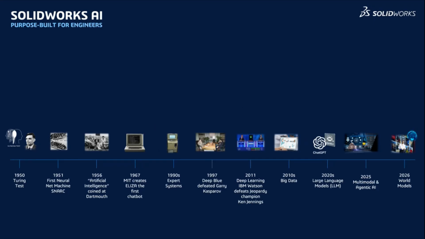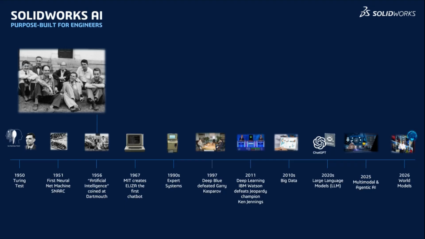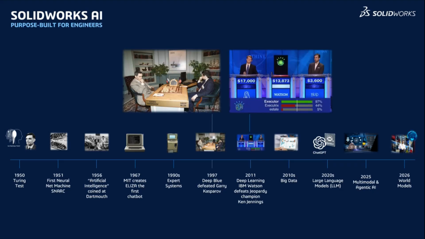We have come a long way since the original test for machine intelligence, in what we now call artificial intelligence (AI). It was first defined at the Dartmouth workshop, and then the milestones began.